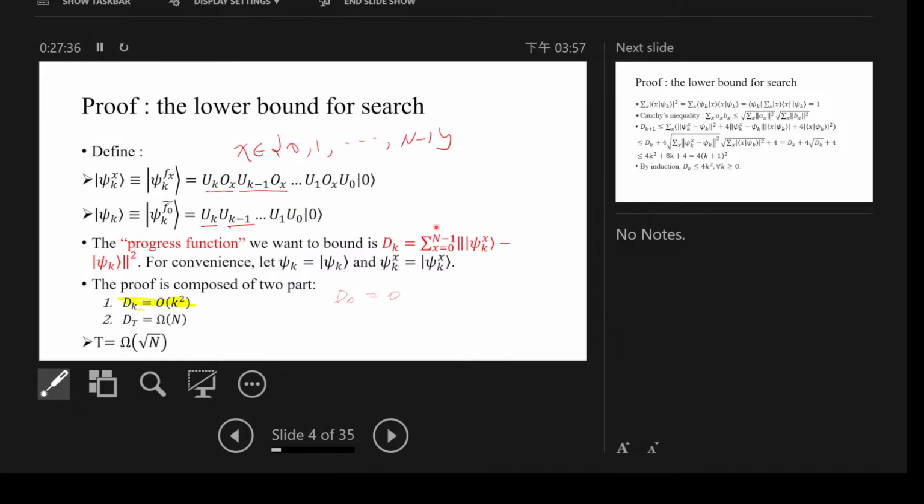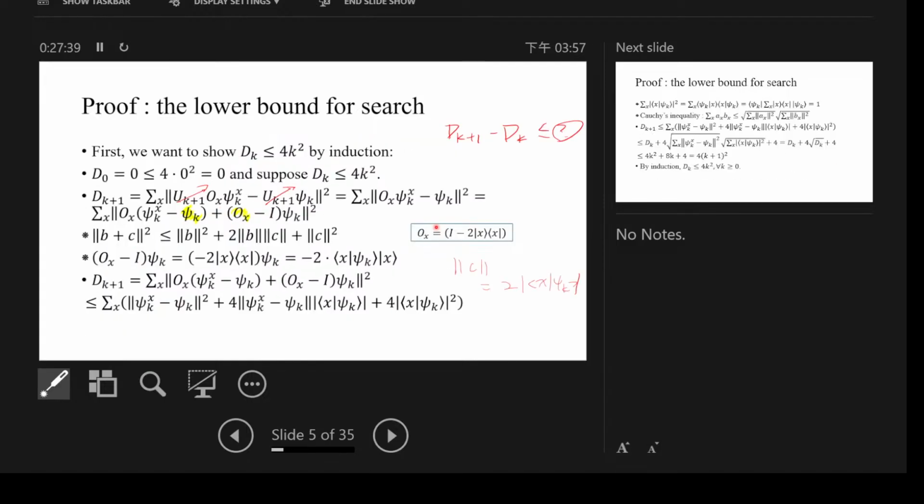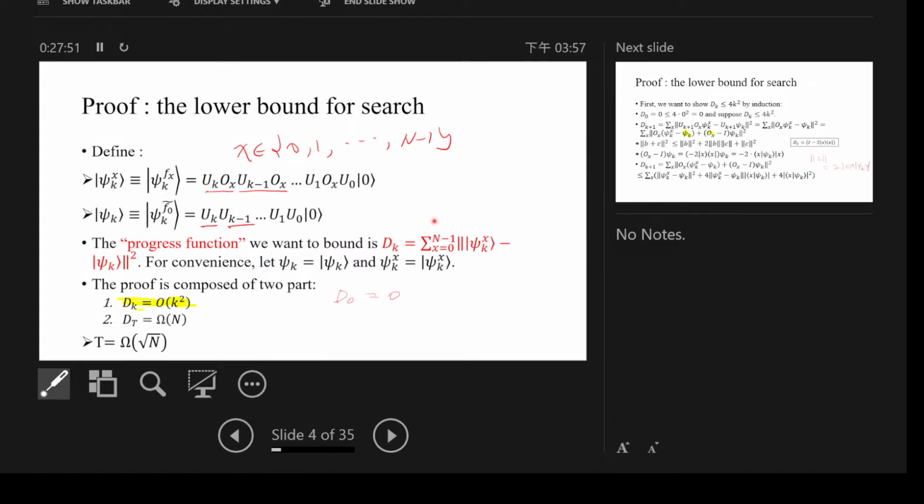And also I forgot to say 2 things. Here the notation is even a bit lazier because we don't write the ket, so it's a bit confusing what's inside. But what's inside is a matrix multiplied on a vector, and this is a vector. Because we're lazy, we don't write a ket on our vector as there are too many vectors. So psi k is psi k ket, and psi xk is psi xk ket.